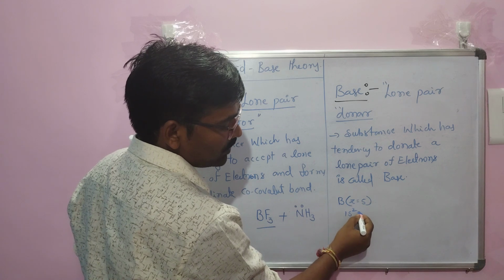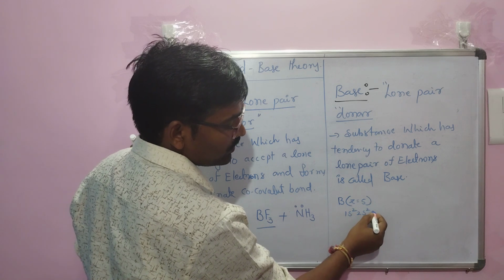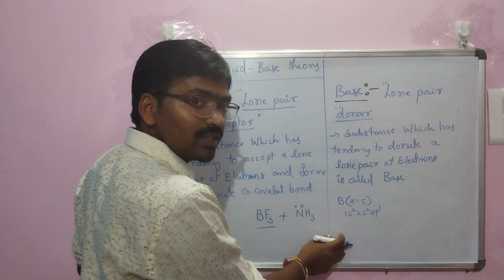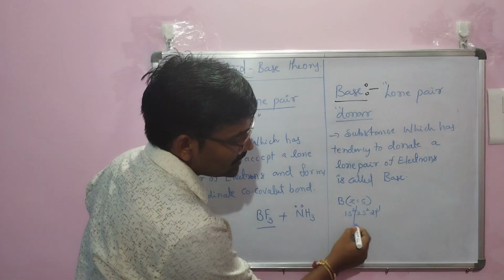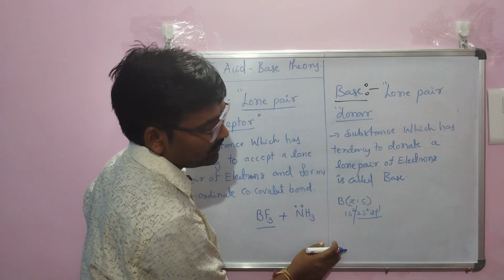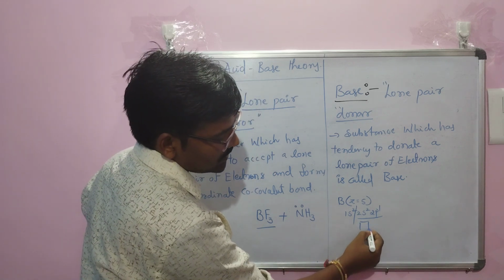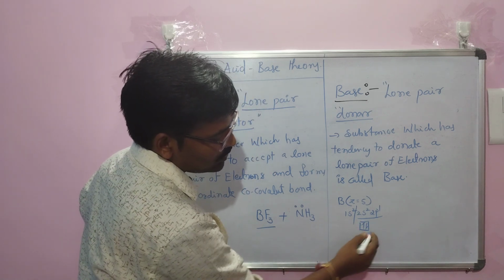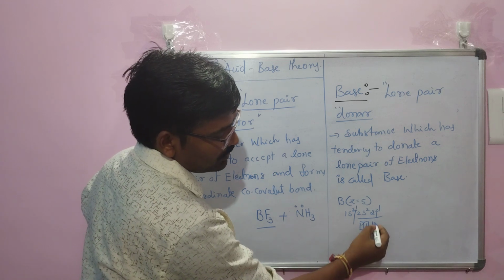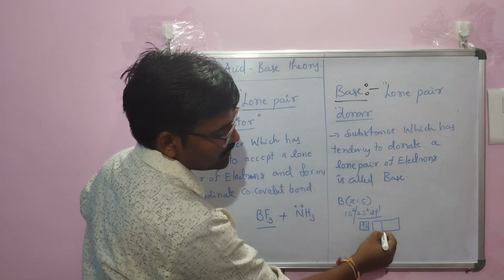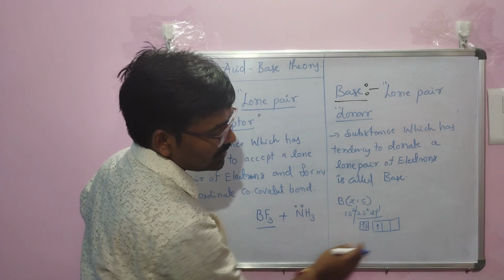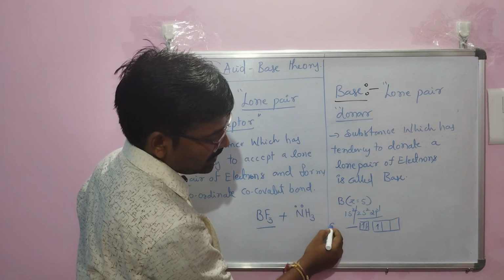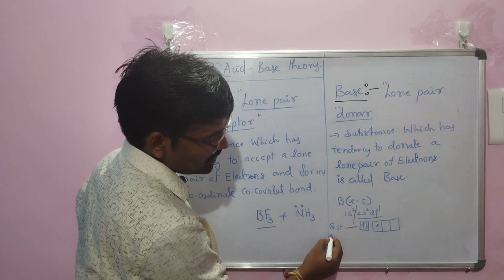The electronic configuration is 1s2, 2s2, 2p1. The valence shell is 2s2, 2p1. In the 2s orbital there are 2 electrons, and in the p orbital, px, py, pz, only one electron is present. This is the ground state electronic configuration.